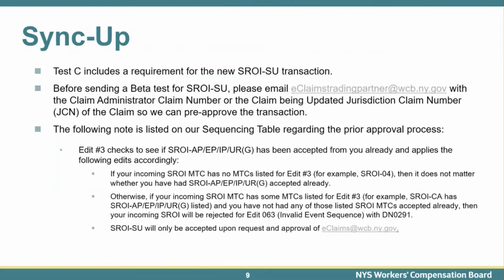On the sequencing, you'll notice some notes that we have regarding the prior approval process. So edit 3 on that sequencing table checks to see what's been accepted from you already and applies the following edits. You'll notice down below, SHROI sync up will only be accepted upon request and approval of eClaims. So otherwise, you will actually get an invalid sequence error.